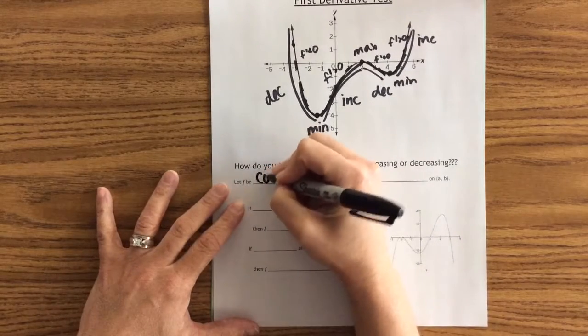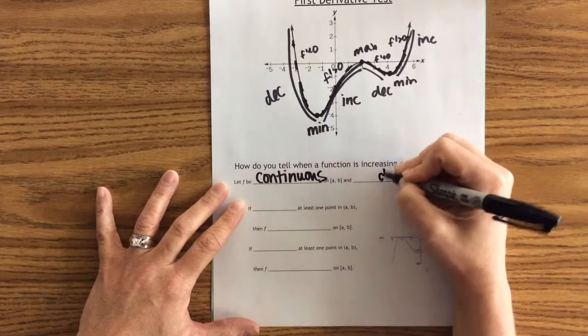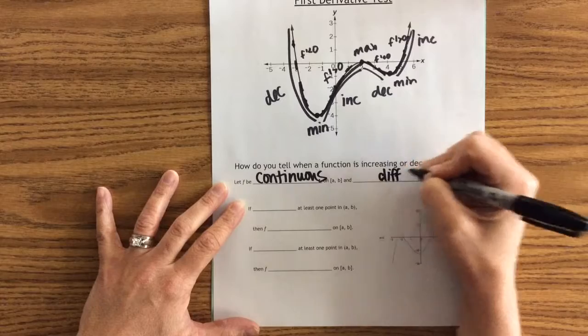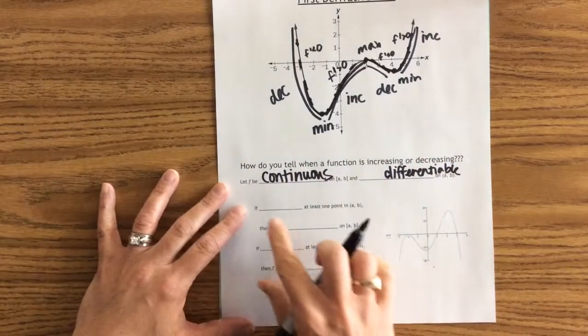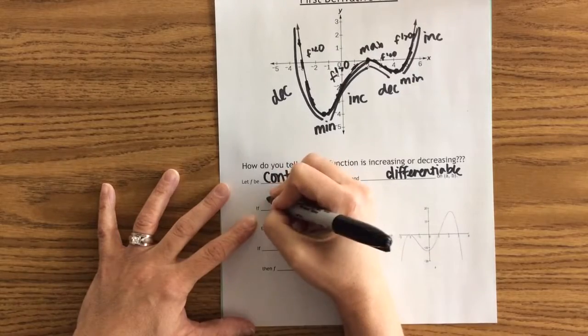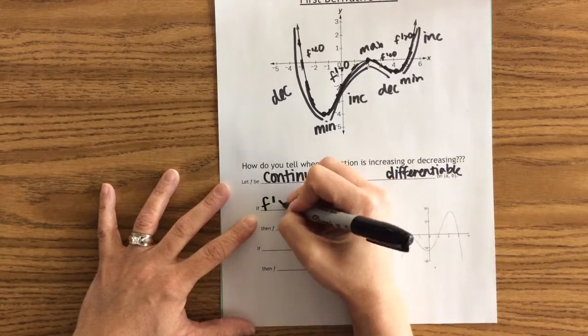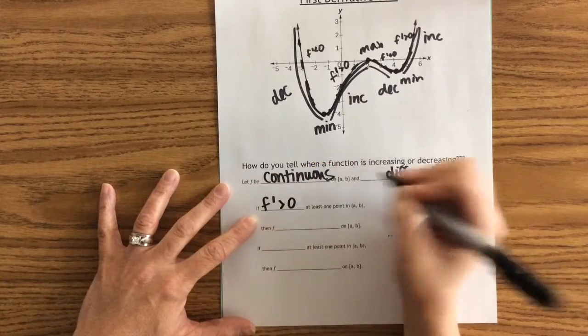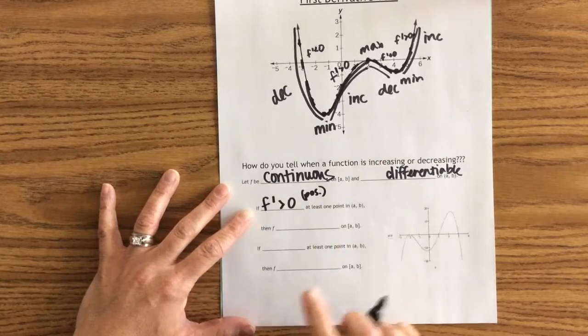First of all, this only works on intervals where the function is continuous and differentiable. And here's the deal. If you have a derivative that is positive, or greater than 0, and that's up here.